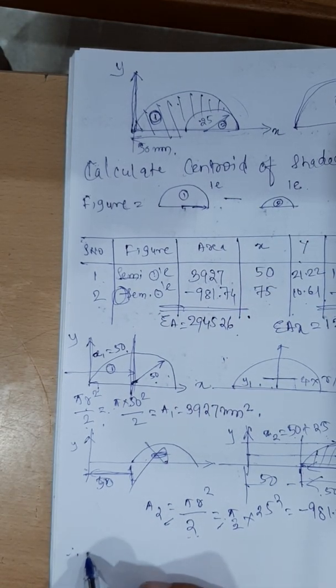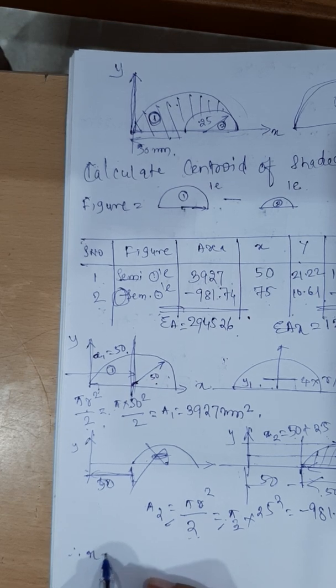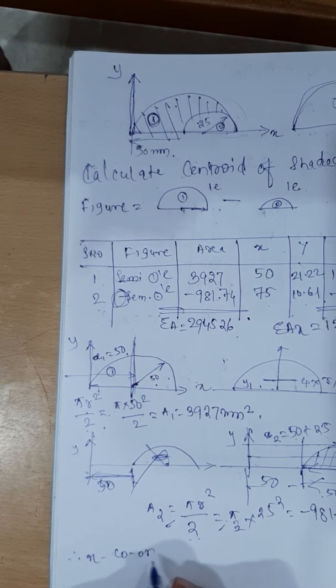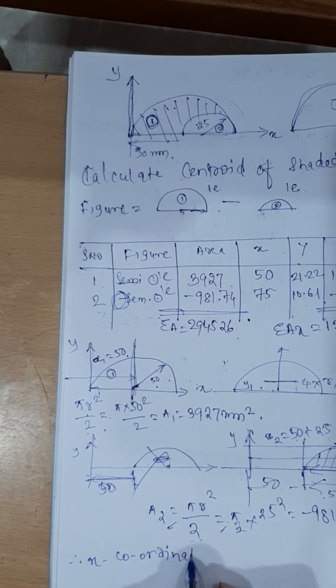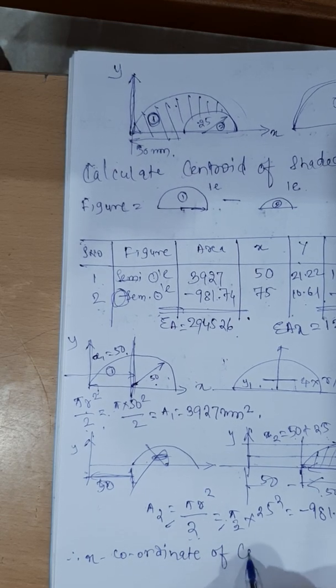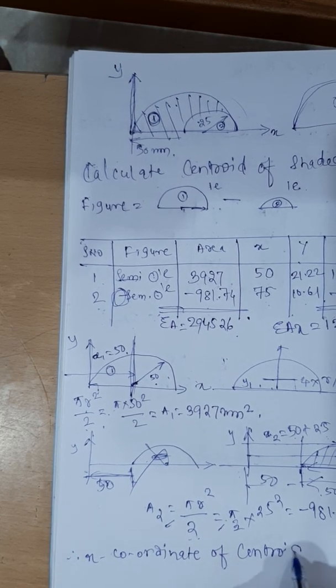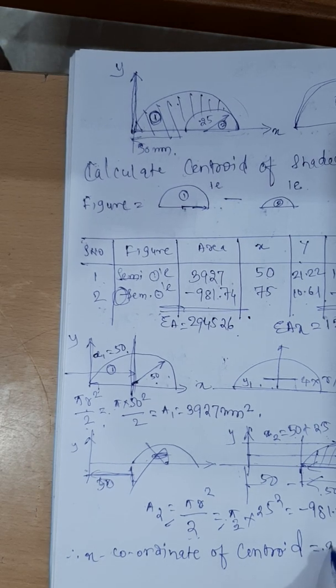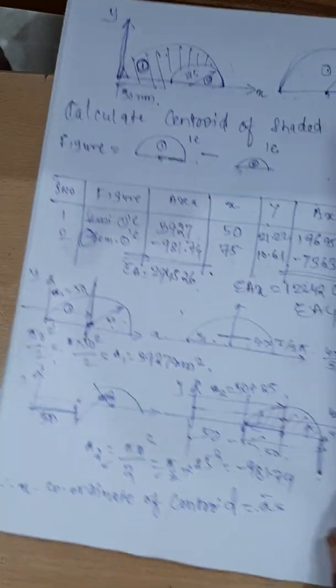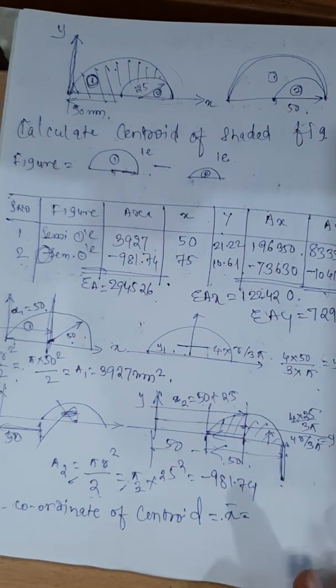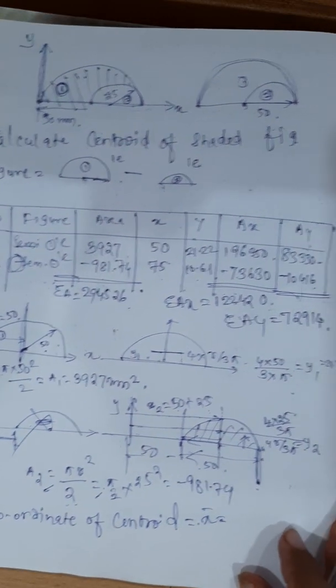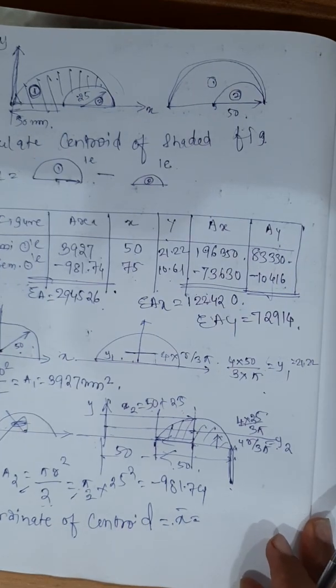Therefore, the x coordinate of the centroid is x bar. What is that?